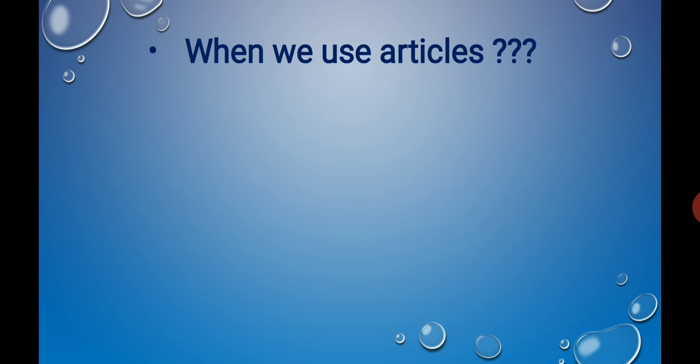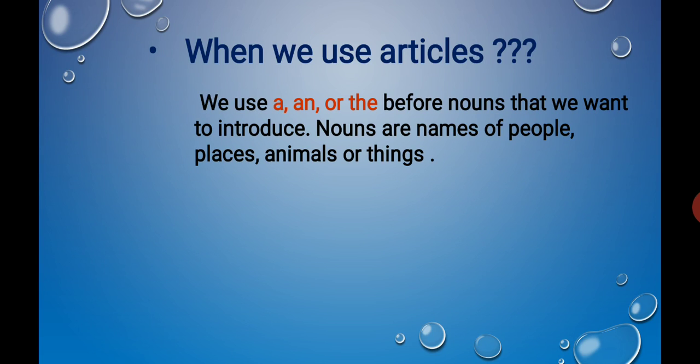Now, we learned about a, an and the in our previous class also, right? But do you know when we use the articles and how? Let's see. We use a, an or the before the nouns that we want to introduce.